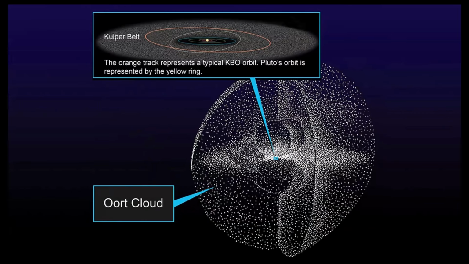Now, much further out than the Kuiper belt is the Oort cloud. This goes from 10,000 to 100,000 AU. Now, 100,000 AU is 1.58 light years, the distance light travels in 1 year, so about 1.5 light years.